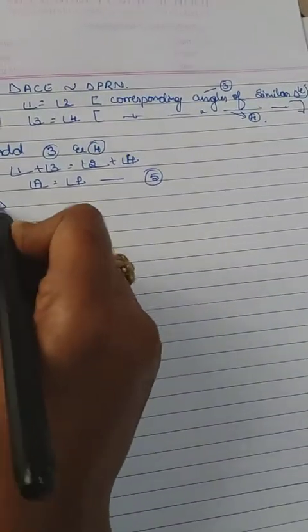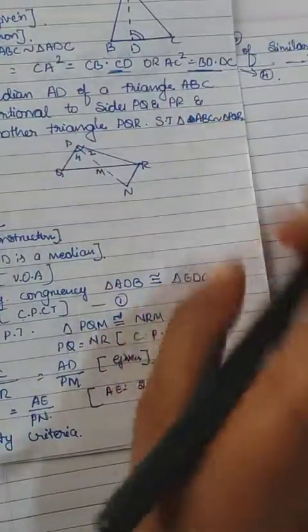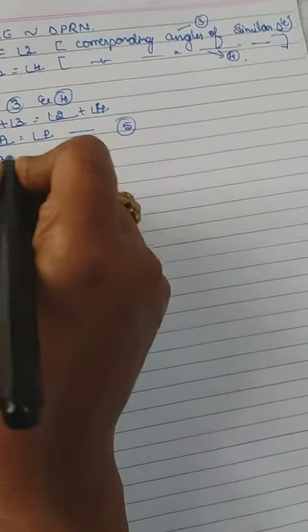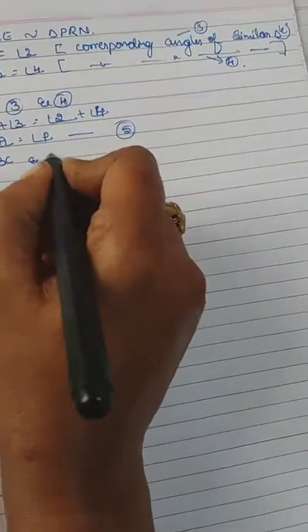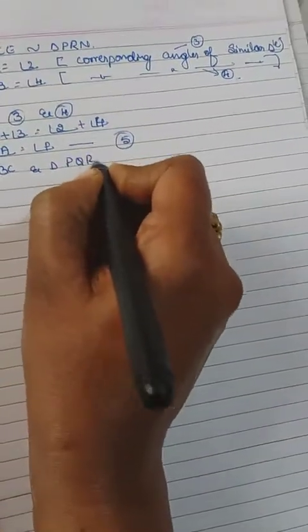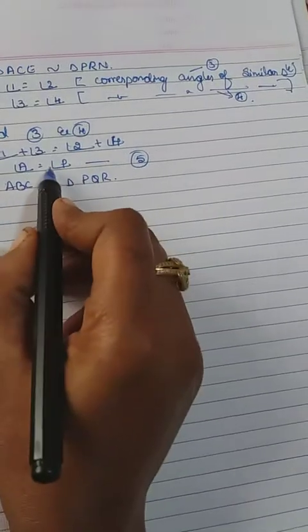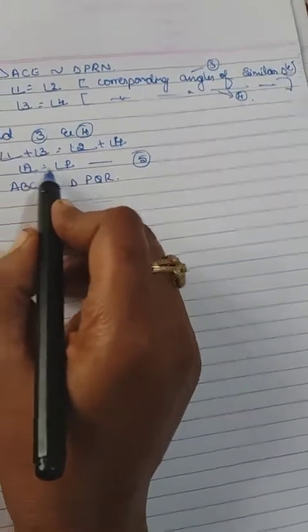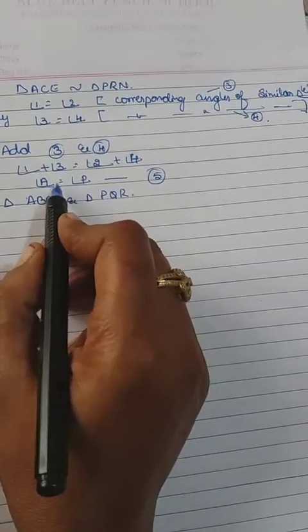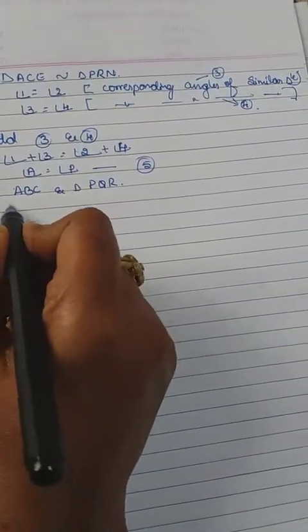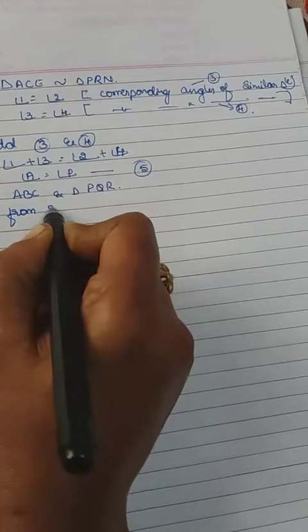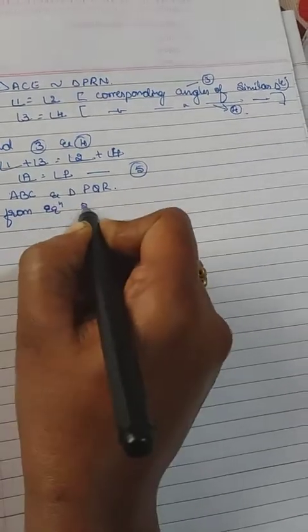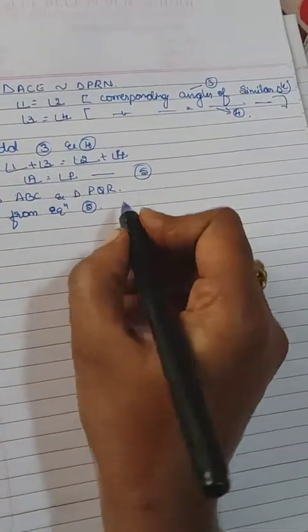So let us take triangle ABC, what has been given, to prove that we have to take triangle ABC and triangle PQR. From equation 5, if the angles are equal, then the sides are also proportional.